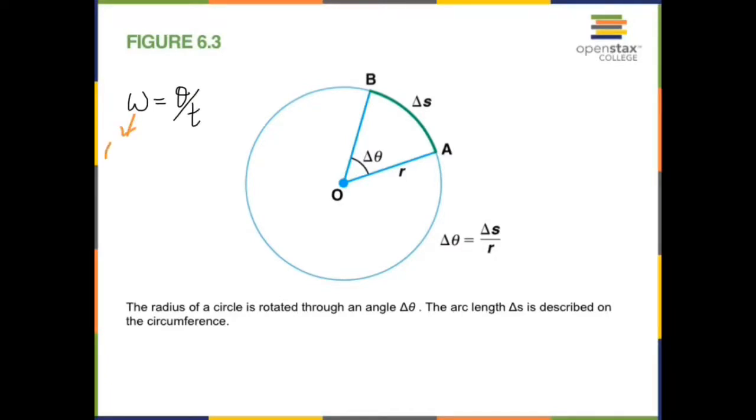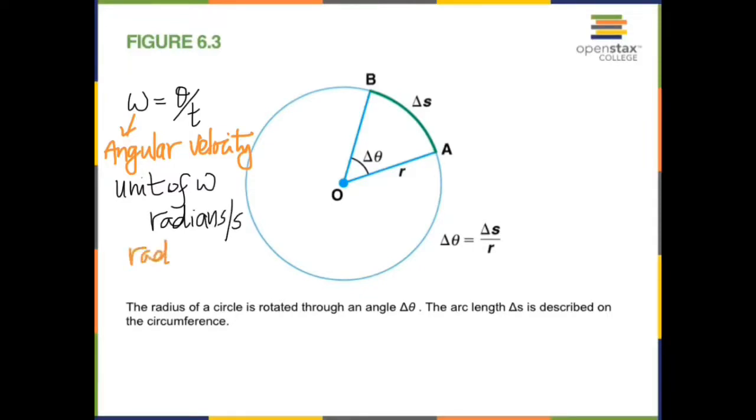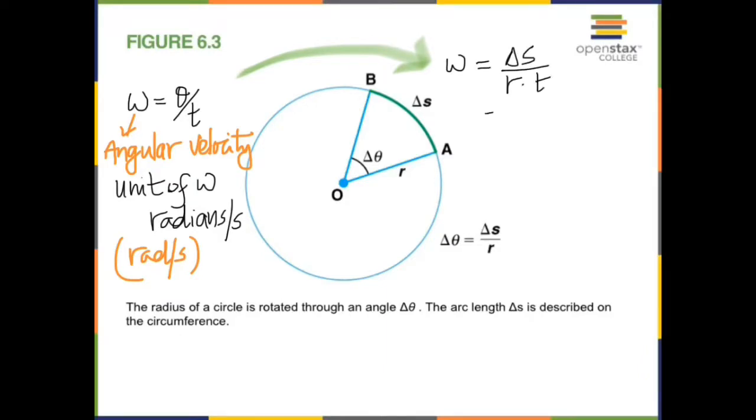Now omega is theta by t. Again, the angular velocity, theta is the angle, and the unit is radians per second. But omega is also delta S by R into T, because angle is actually length of the arc divided by radius.